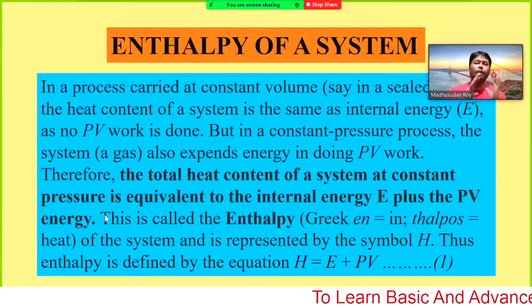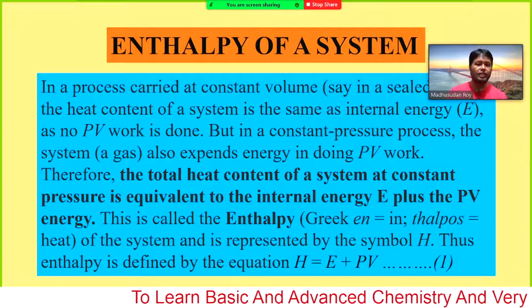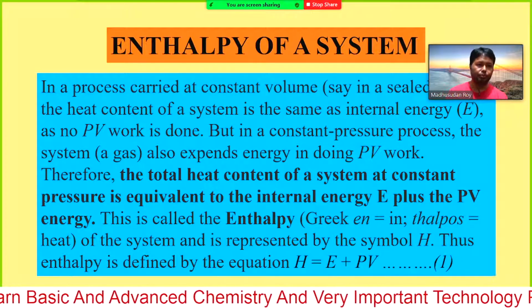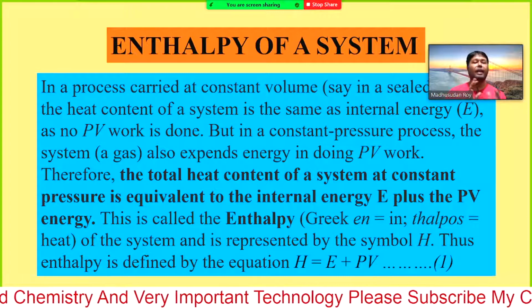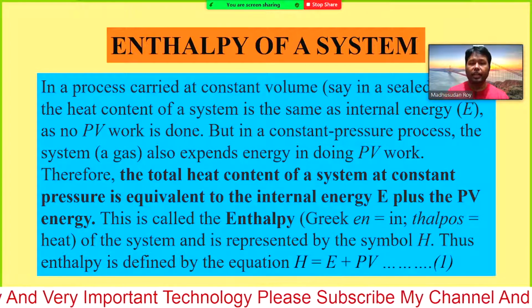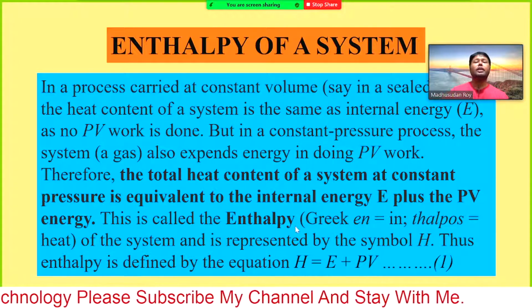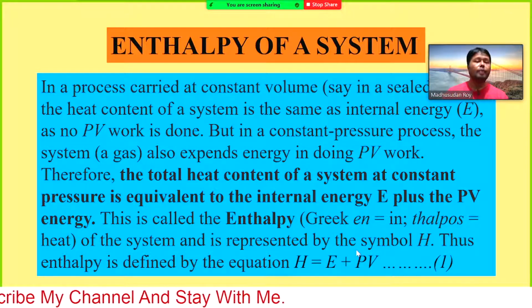That means if there is some work done by the system or on the system due to change in the volume, the total heat content is what we should mention as the enthalpy. That means the total heat content of a system at constant pressure.